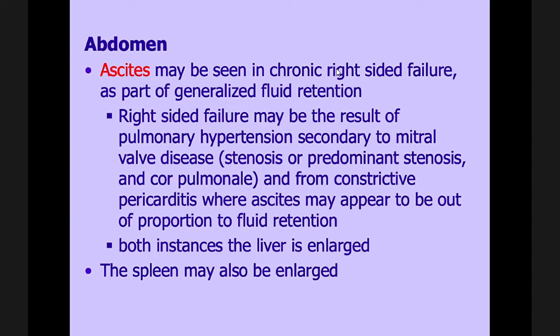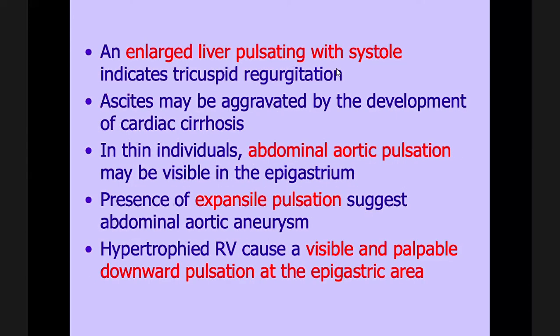In such cases, you will have an enlarged liver. The spleen may also be enlarged in some patients. If you have an enlarged liver pulsating during systole, this indicates tricuspid regurgitation. Ascites also may be aggravated by the development of cardiac cirrhosis.